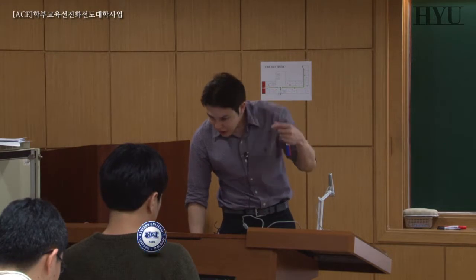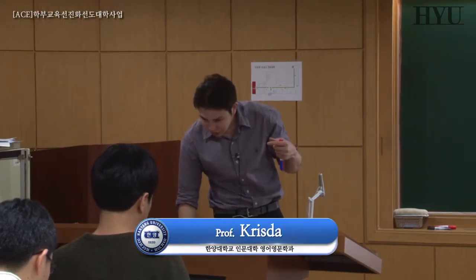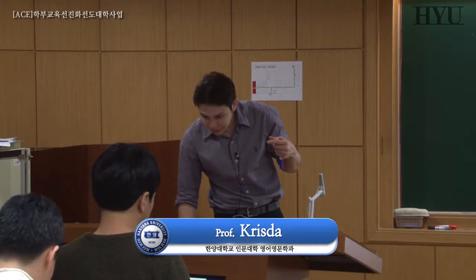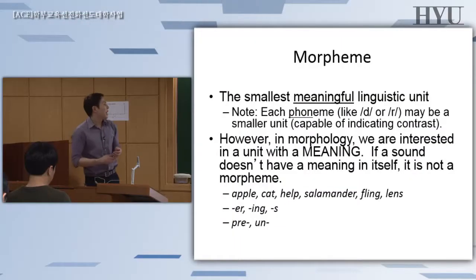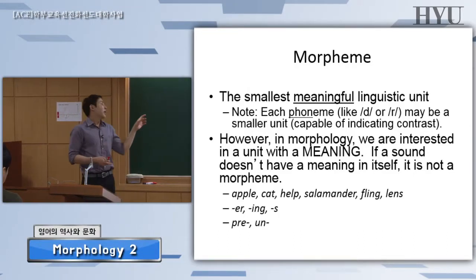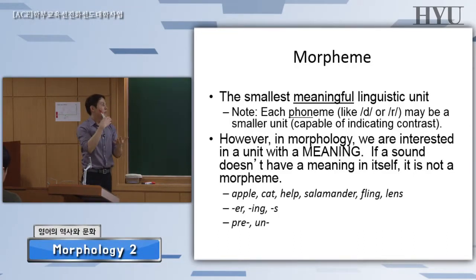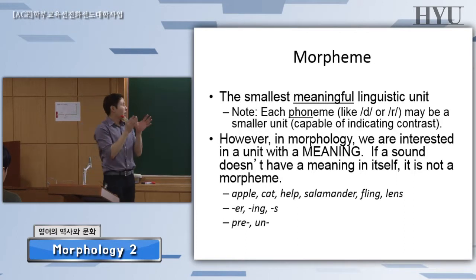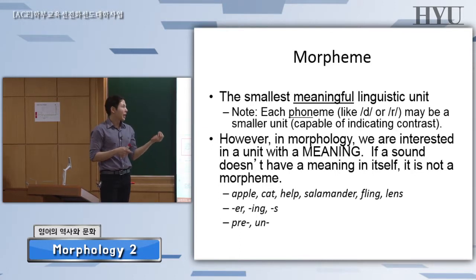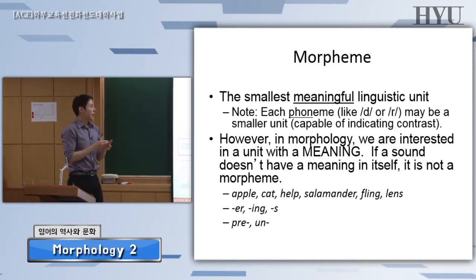Let's do a quick review on what we talked about last time. Last time I introduced you to the concept of morpheme. Remember? When we talk about words, we look at the smallest part of a word that has a meaning, and we call it a morpheme.